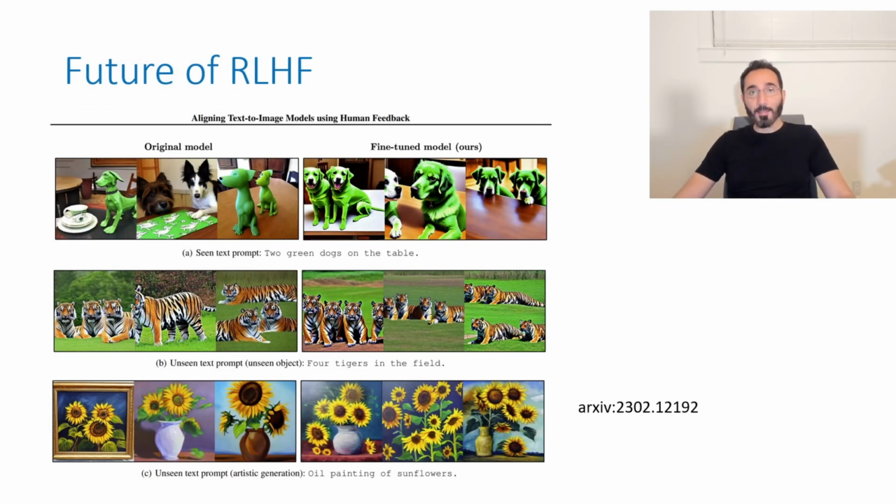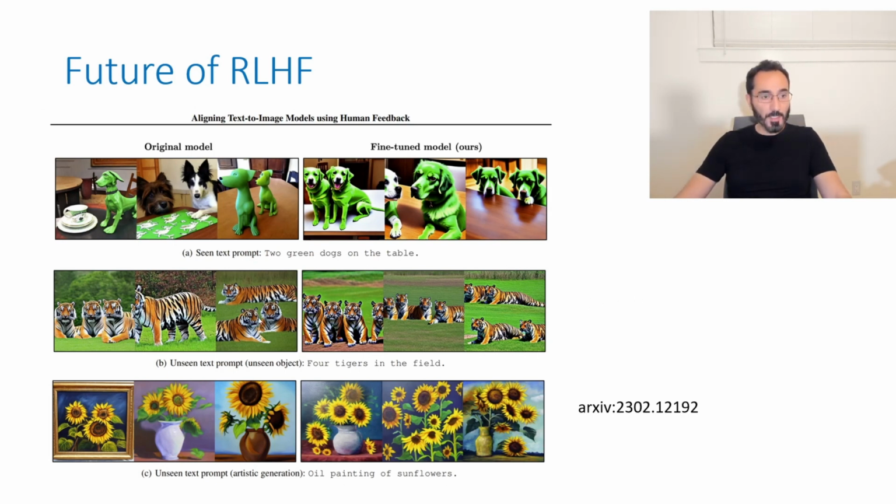Also note that RLHF is not limited to language. It can be used in any generative application where you can collect human feedback. For example, it is already used in text-to-image generation where it can significantly improve the quality of the models.